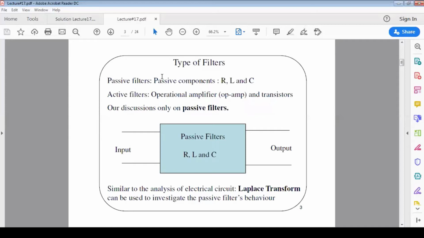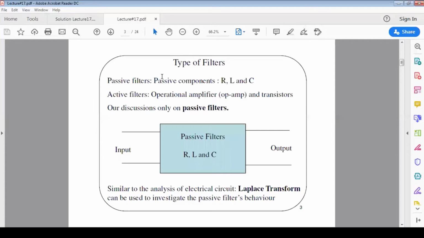The active filters contain the operational amplifier, or op-amp, and transistors. Okay, so I believe that active filters will be learned in your electronics subjects. So our interest in this chapter is on the passive filters, which contain the components R, L, and C.